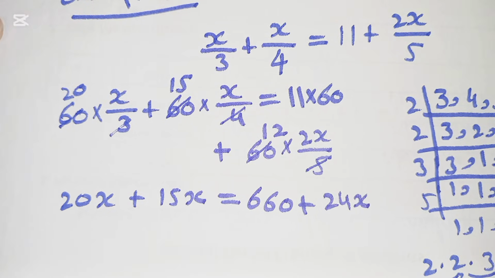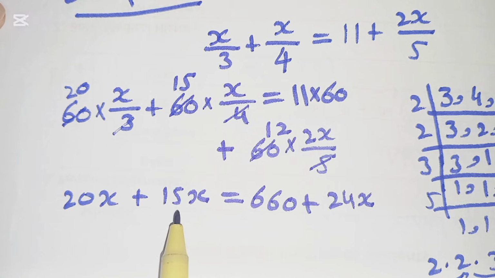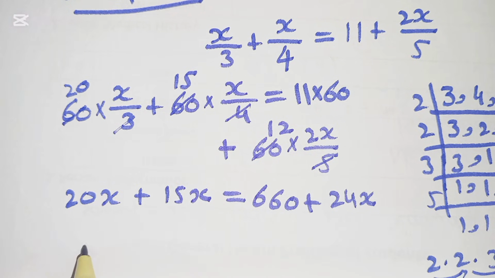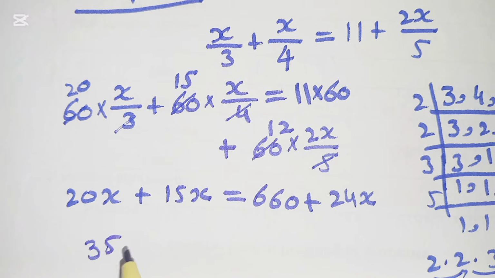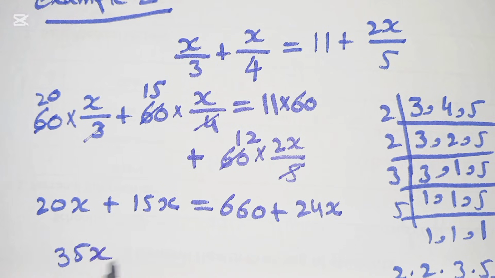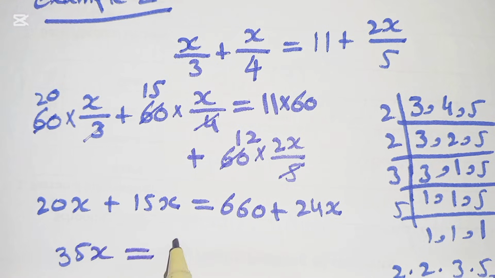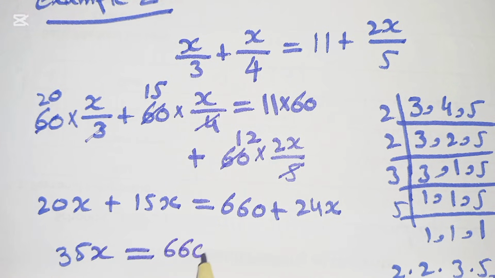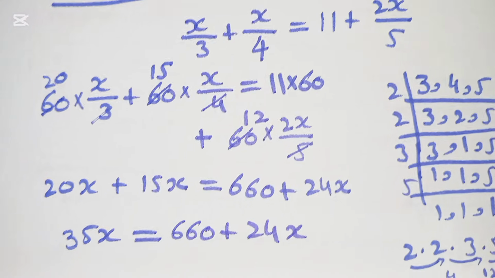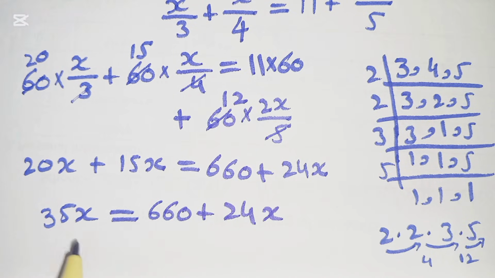Now 20x plus 15x is equal to 35x, and that is equal to 660 plus 24x.